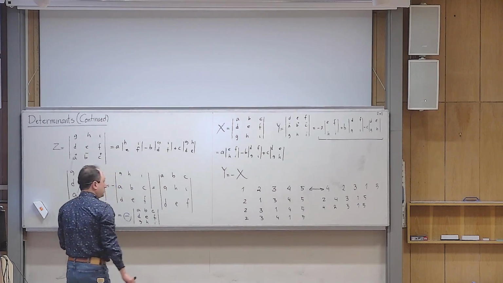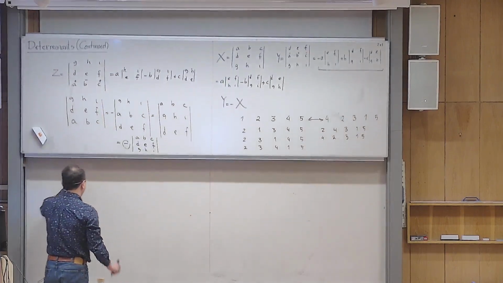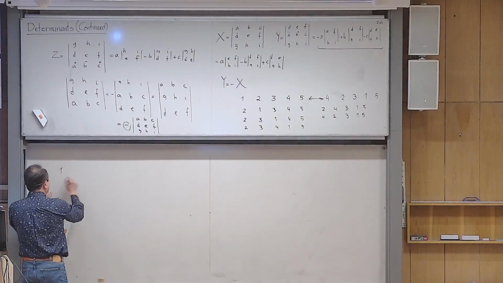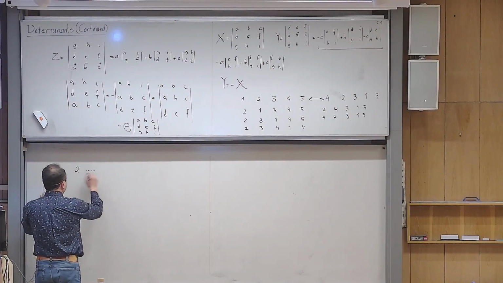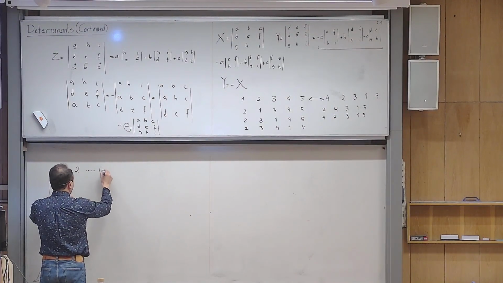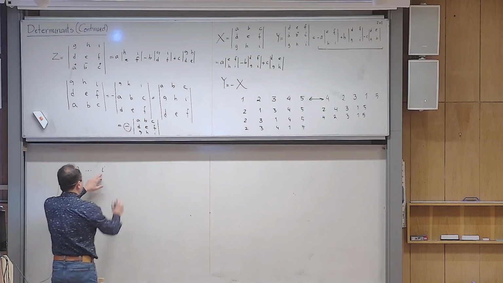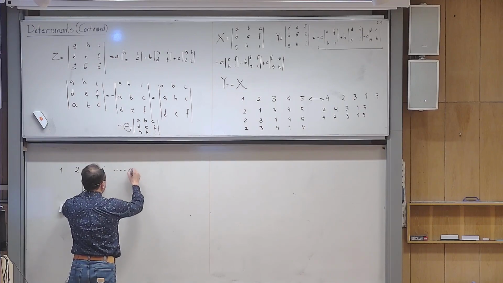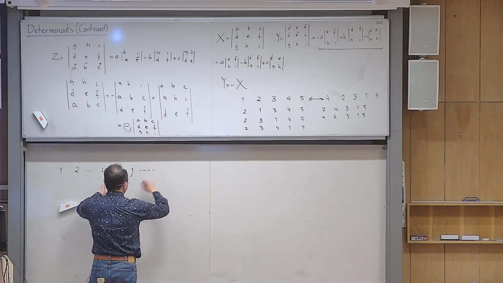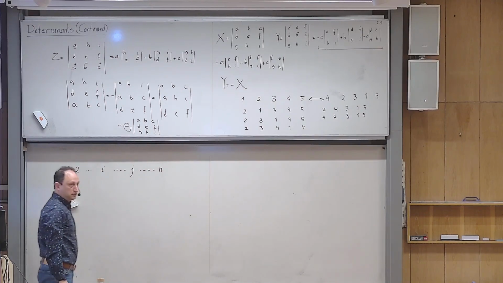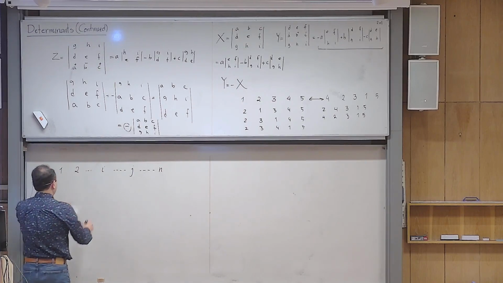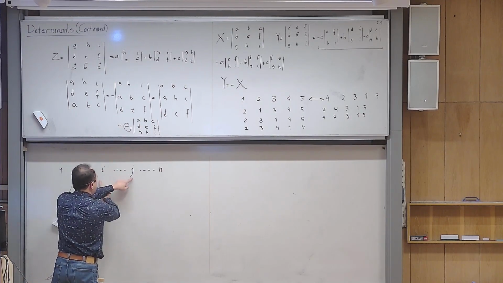So for example, let us say that you have this sequence 1, 2, and then you reach some point I, and then you continue your list, you reach J, and you continue your list, you reach N. And then you want to interchange these two numbers.